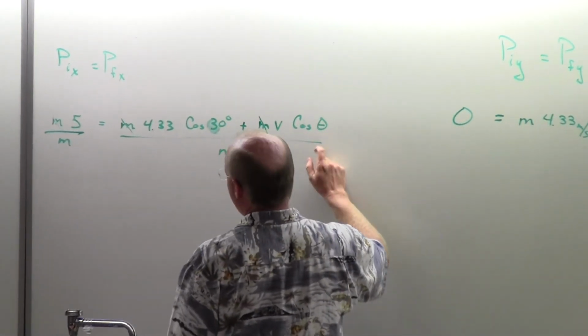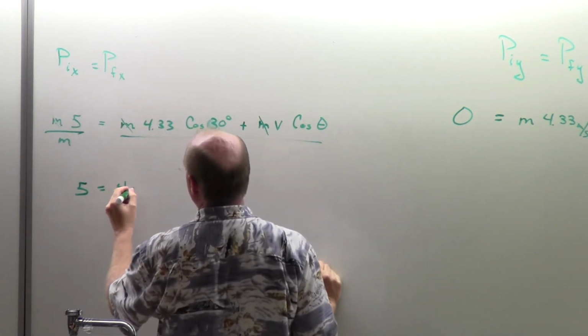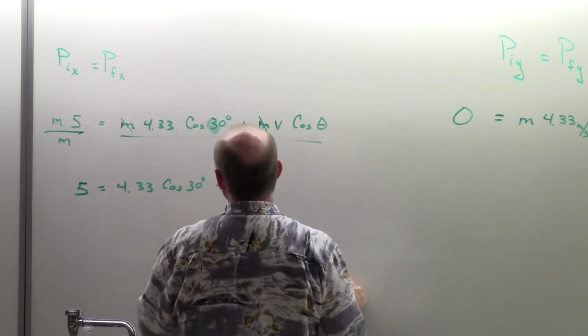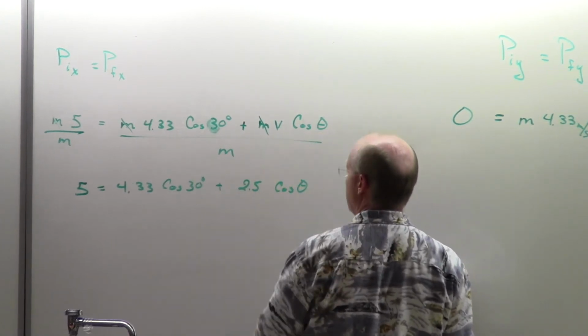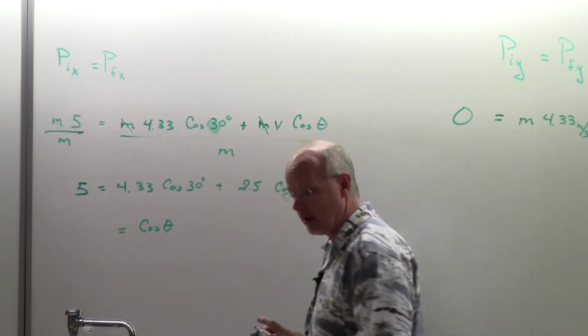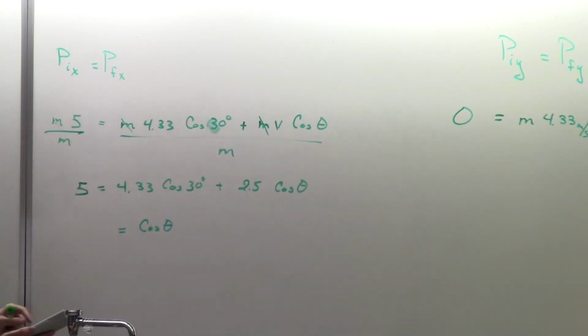So if I solve this for theta, this becomes 5 equals 4.33 cosine of 30 degrees plus 2.5 times cosine of theta. And a little bit of algebra to do here to come up with cosine of theta. It should be 5 minus 4.33 times cosine of 30 degrees.